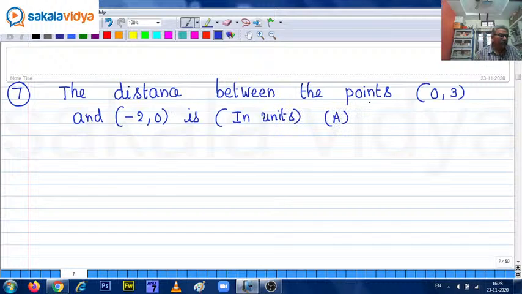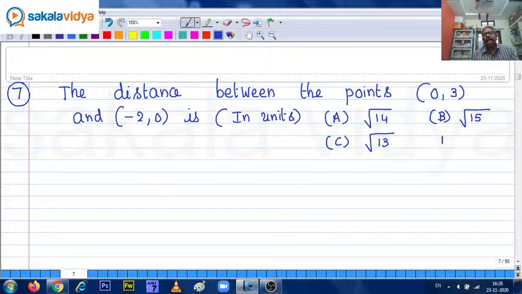A root over 15, B root over 15, C root over 13, D root over 5. So the distance between the points 0, 3 and -2, 0.